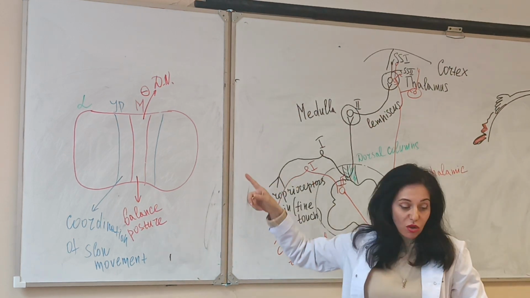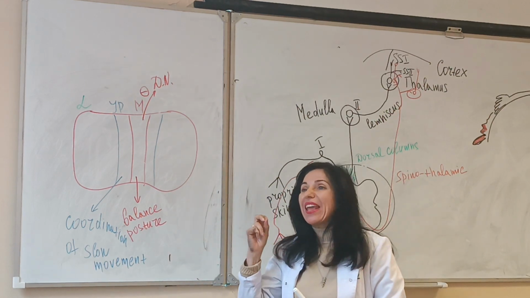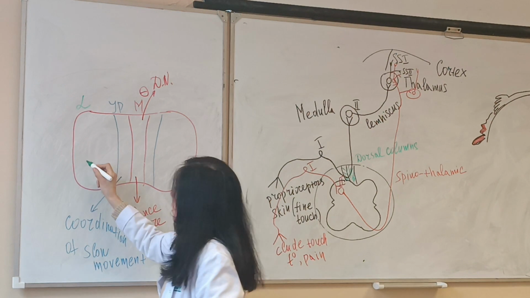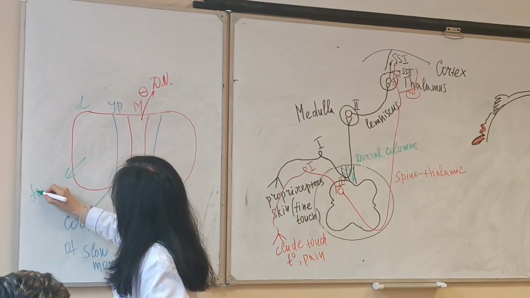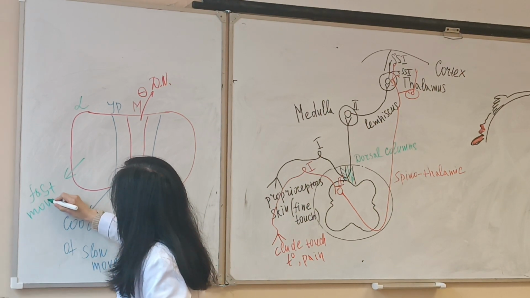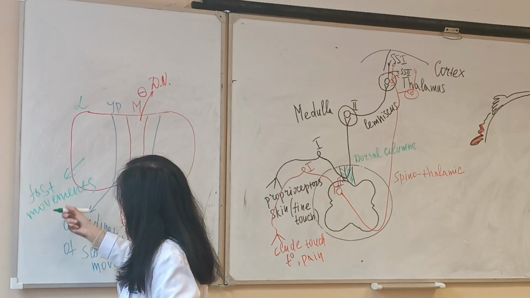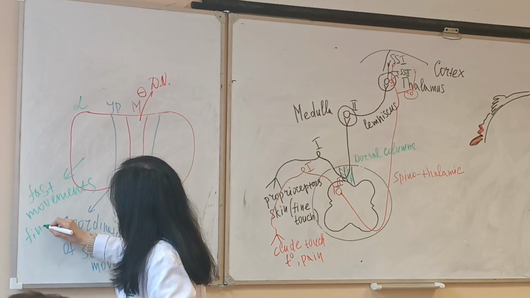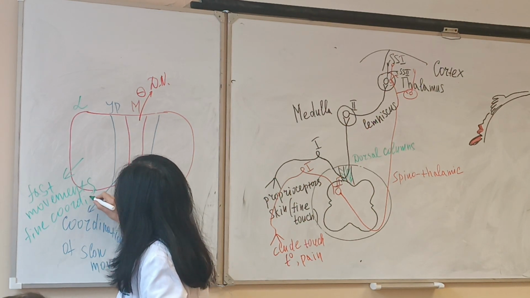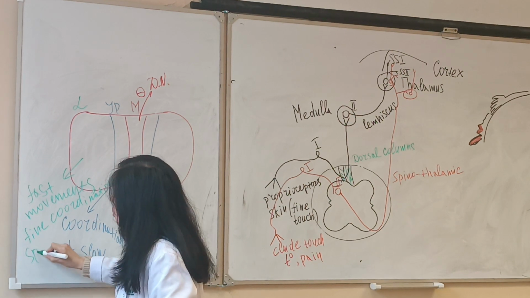Well, and the lateral zone. The lateral zone is responsible for complicated movement, rapid, fast, complicated movement. Coordination of fast movement and fine coordination, cognitive function like speech.